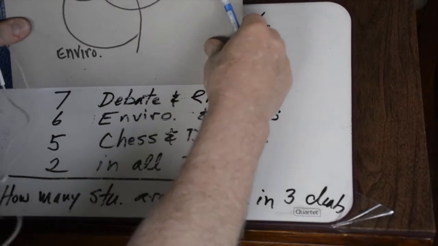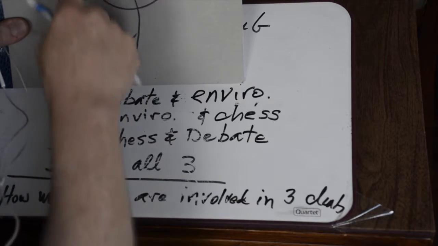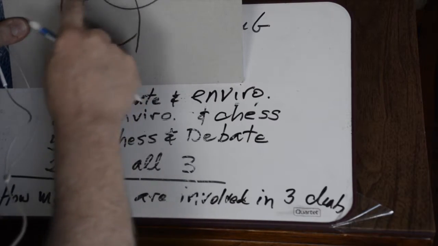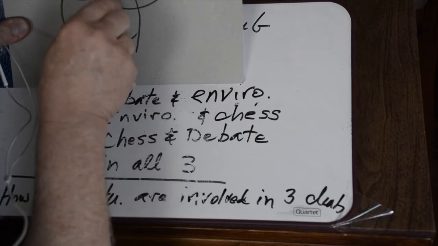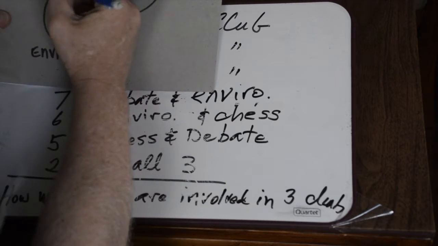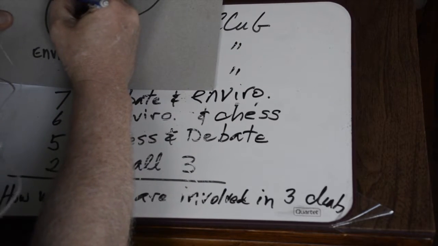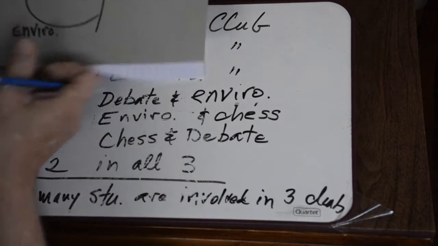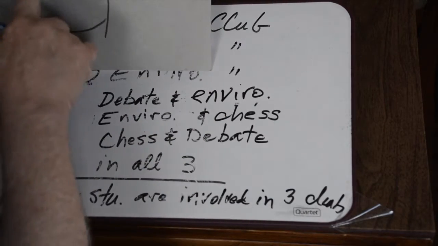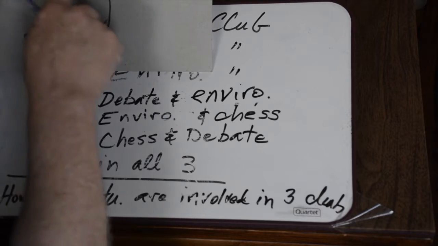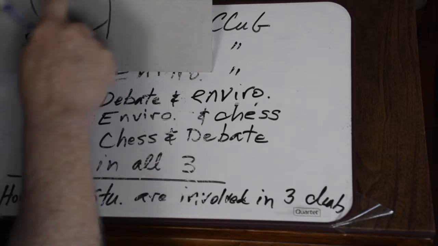That's this football shape overlap. Of the 7, 2 are in all 3, so that leaves 5 who are in only debate and environmental. So there's your 7, debate and environmental.